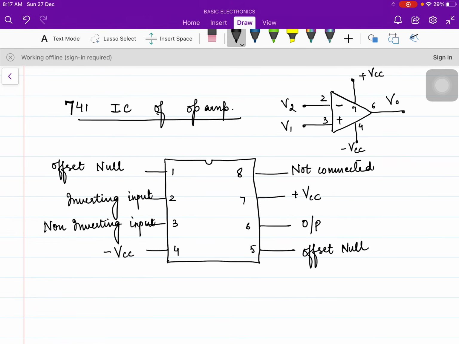So this is how the op-amp IC works. You will get an op-amp IC, that is 741, in the laboratories, and you must remember the function of each pin, then only you will be able to connect the signals properly.